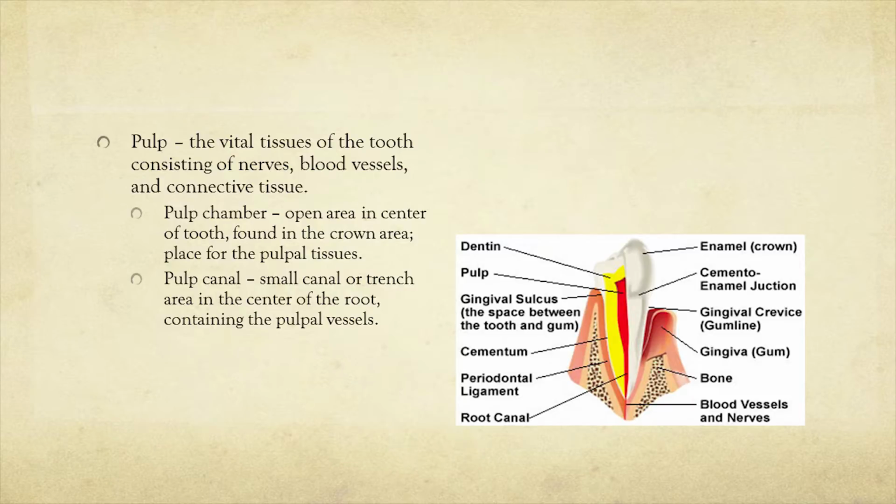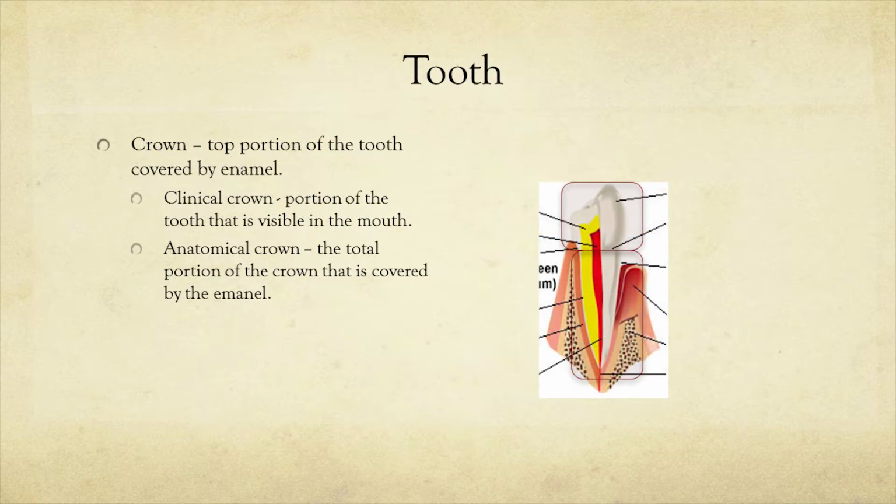And the crown portion of the tooth, we have two variations in that. We have a clinical crown, which is actually a little different than what you would see as an anatomic crown, and is another way to express that. Anatomic crown is where the crown meets the root, as in where the enamel meets the cementum at the CEJ.